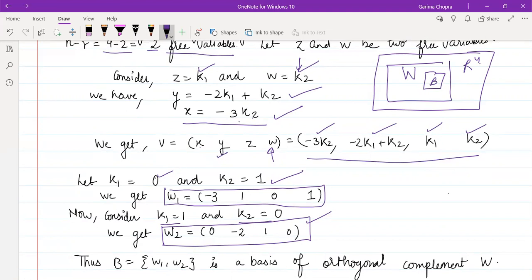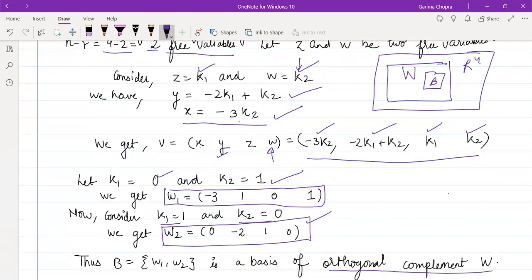We have obtained W1 and W2 from this arbitrary vector V of this subspace W. So this set of two vectors, n minus r independent vectors, will form the basis of the orthogonal complement W.